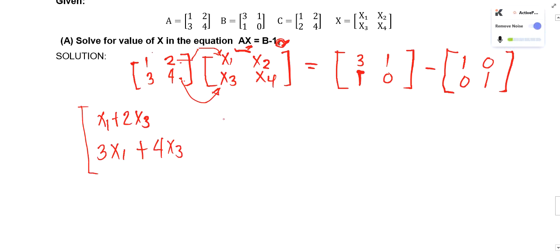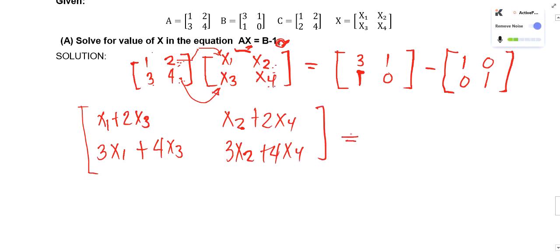Yan yung magiging element natin. So, yung element ng first row, second column, i-multiply natin yung first row natin dito sa ating second column, that is X2. So, 1 times X2, 2 times X4, that is plus 2X4. And then yung 3 times X2 plus 4 times X4, so 3X2 plus 4X4.